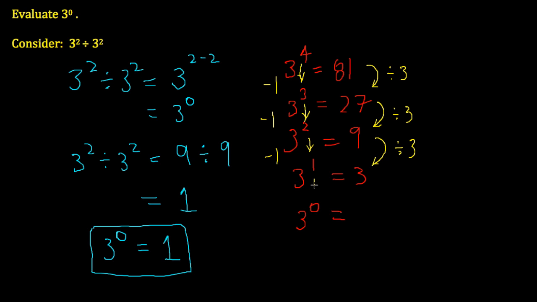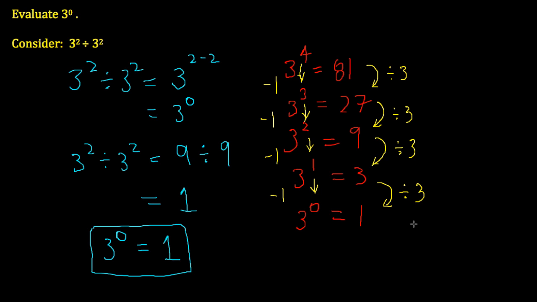If we want to keep this pattern going, if we drop this down by another 1, take 1 off that exponent, so we have 3 to the exponent 0, when we divide by 3, we get 1. So again, 3 to the exponent 0 equaling 1 just keeps our exponent laws consistent.